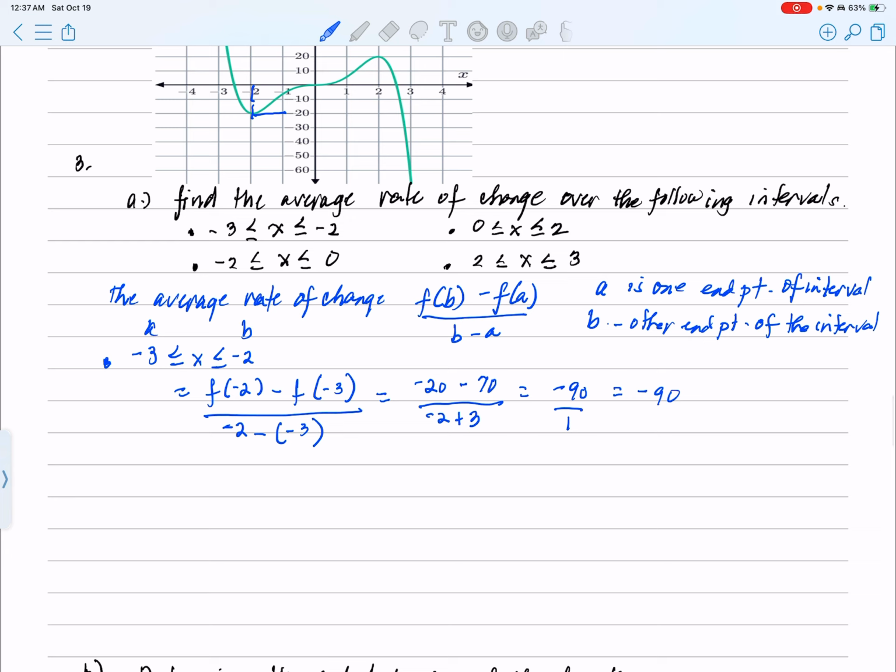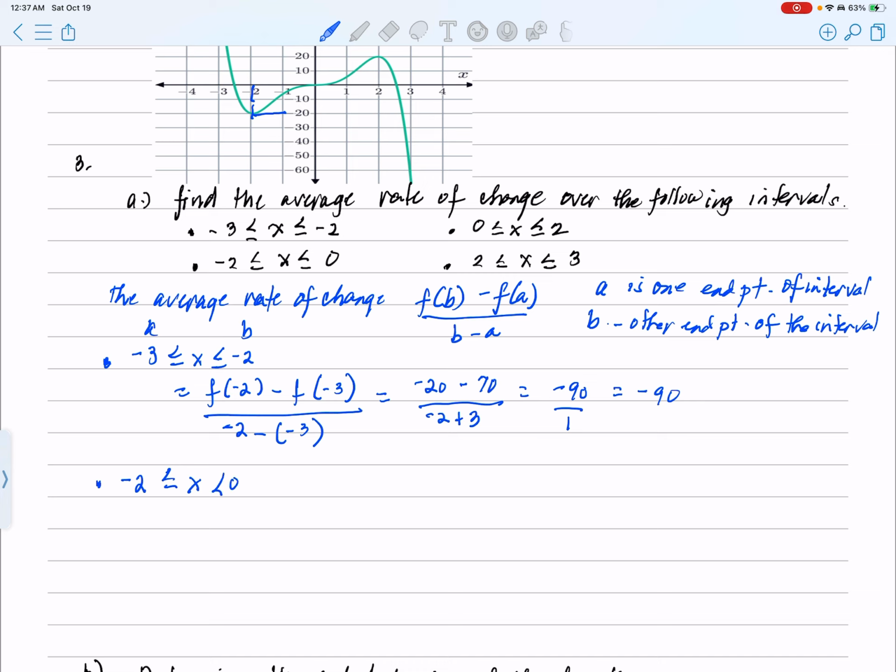Okay, let's do the second interval, between negative 2 and 0.